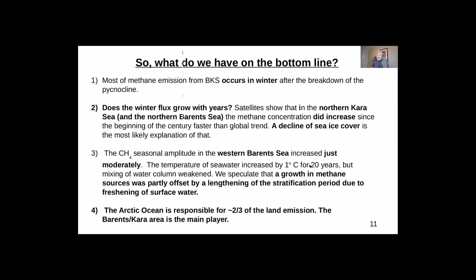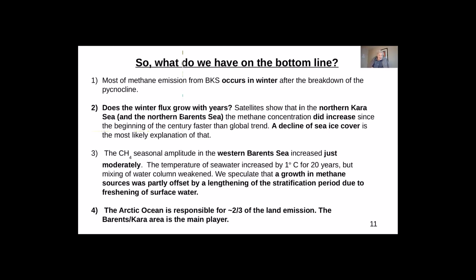But in the Western Barents Sea, with open water, it increased just moderately. The temperature increased by 1 degree Celsius over 20 years, but the effect of this temperature increase was offset by freshening of surface water and increasing of stratification during these 20 years.